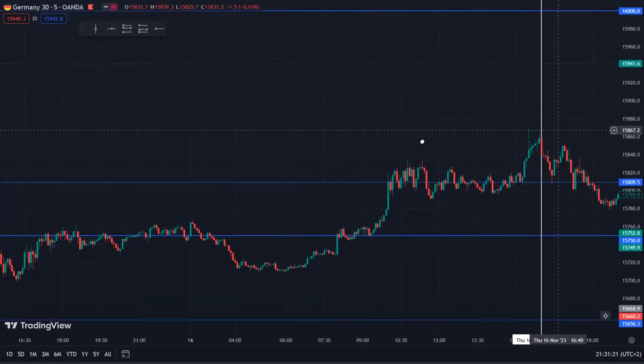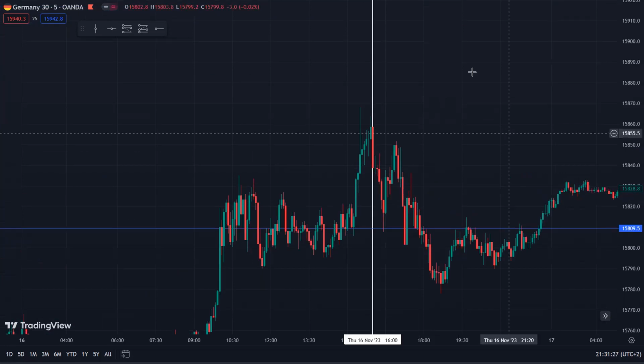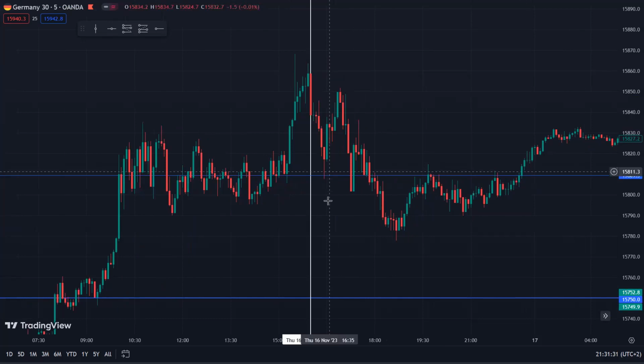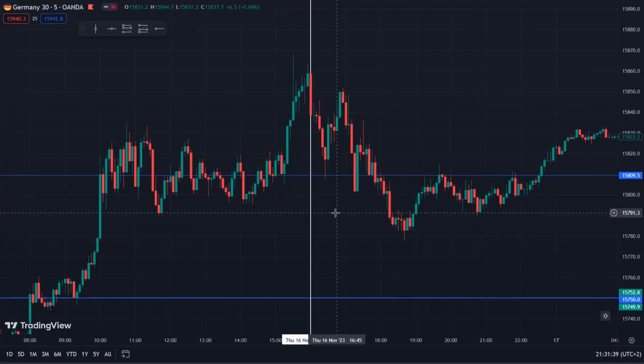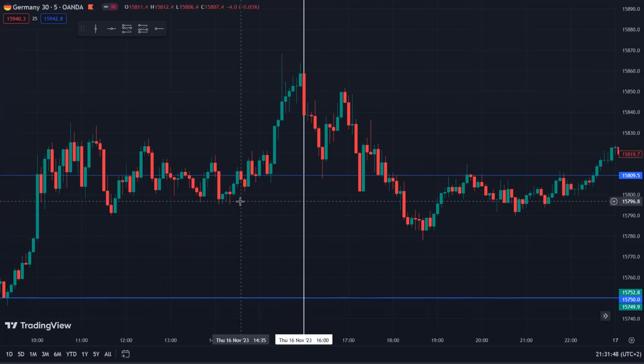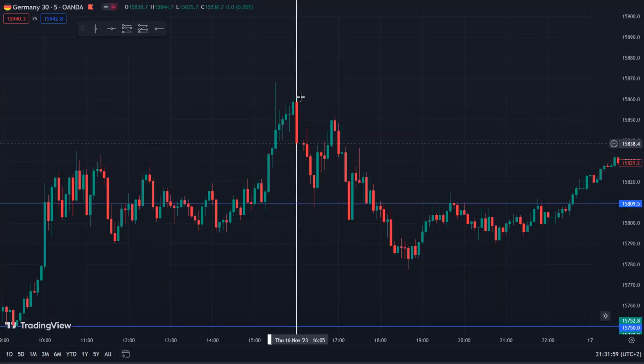So now we're having an up move, right? The type of movement is sort of complicated, right?